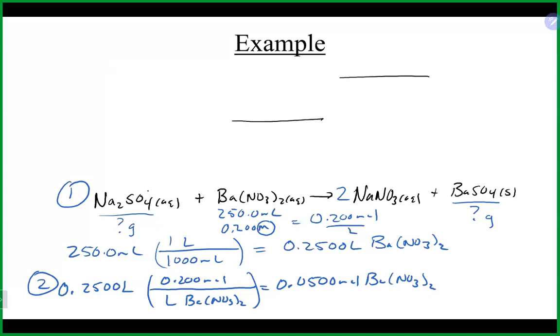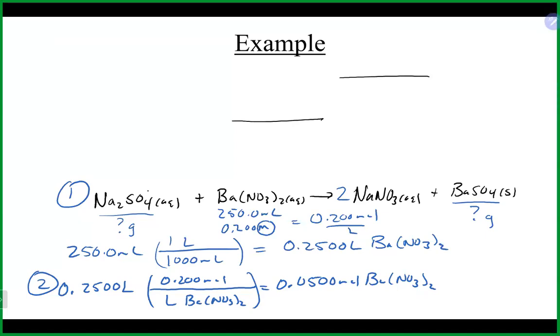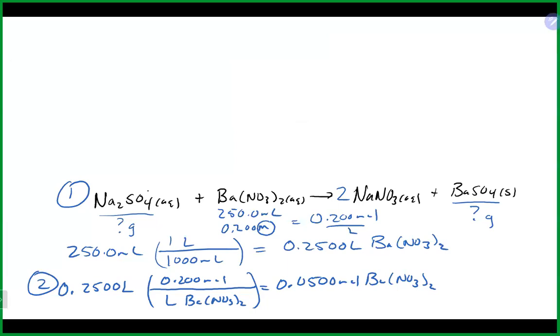Really, we could go to step number 3 here. I'm just going to go up on top to use a little bit more room. All right, now we're looking for really 2 things. I'm going to first go this way and figure out how many grams of my sodium sulfate. It doesn't matter, you could also have gone the other way first.